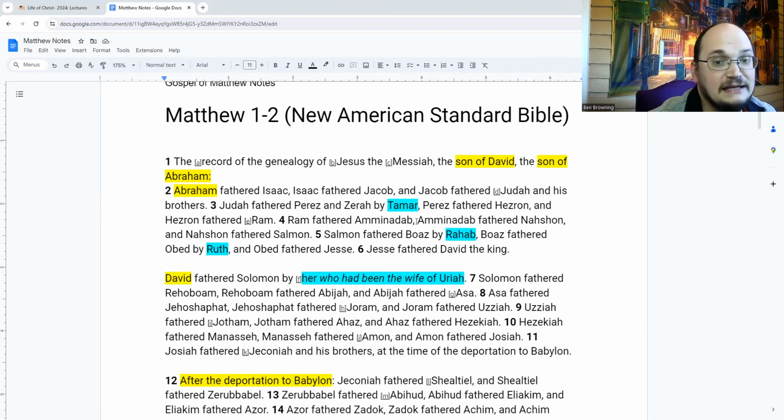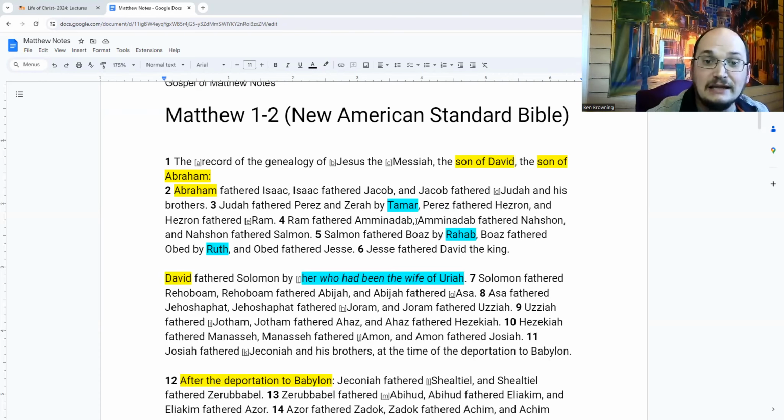Now, the reality is that if we're not careful, our eyes can kind of gloss over, and we can just be like, oh, I can't believe it's a genealogy. I don't want to read a genealogy. And it can be easy for us to skip over the genealogy. But the reality is that when you understand the book of Matthew, you understand that this genealogy is key to understanding the points that Matthew is trying to make.